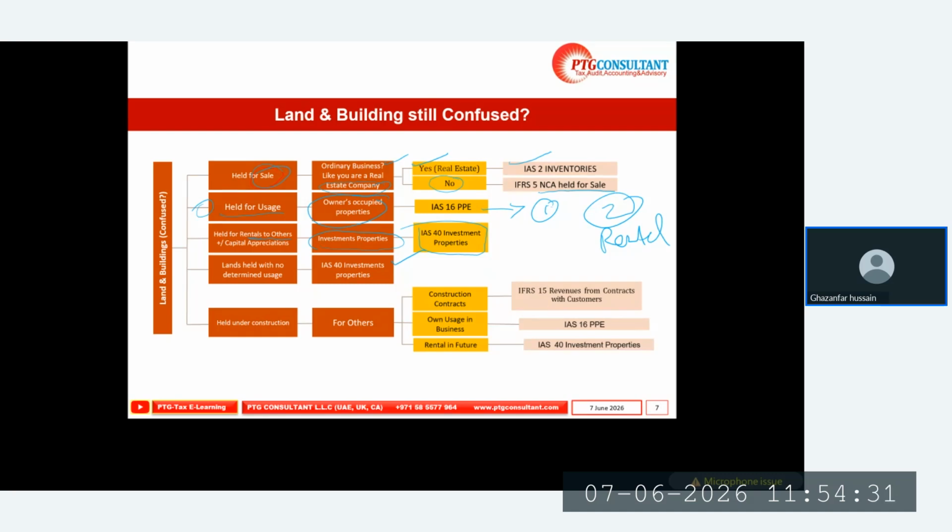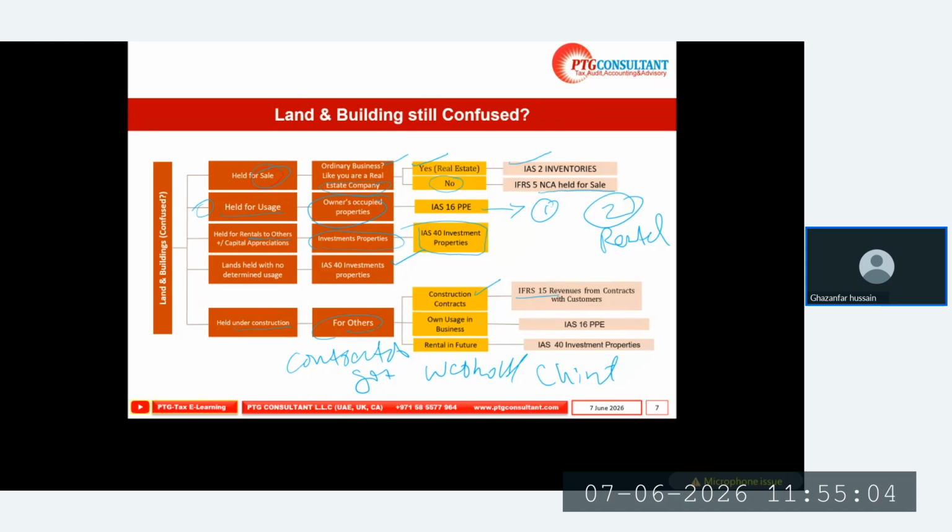We are not going further into other standards, but just as the perspective, held under construction: if any property is under construction for others, like you are a contractor and got a contract to make a warehouse for your client, for your customer, then that construction contract will be treated as per IFRS 15.